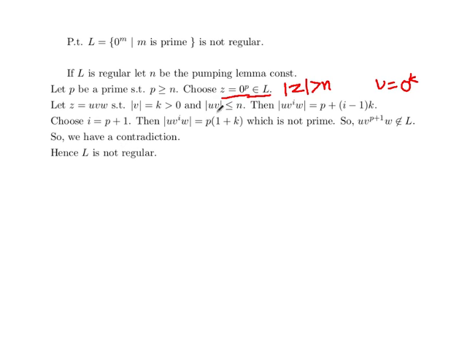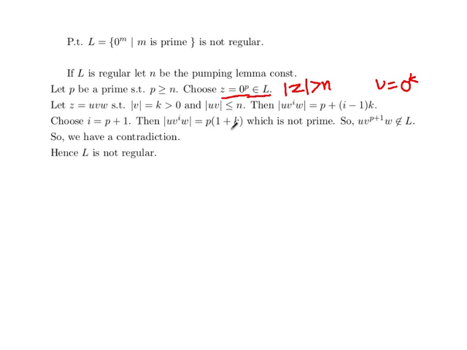Now we can choose i to be anything, and still this should be in L. But if we choose i to be p plus 1, then you see that this becomes p plus pk.